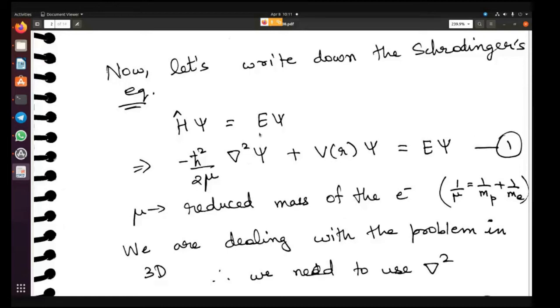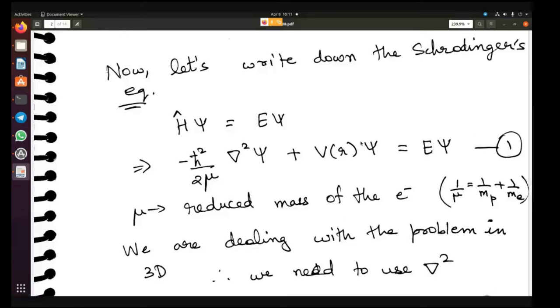So instead of just dou square by dou x square, we have to take dou square by dou x square plus dou square by dou y square plus dou square by dou z square, and that is nothing but your del square. So we have minus h cross square by 2 mu del square psi plus V of R into psi is equal to E psi. This is our Schrodinger equation that we need to solve.